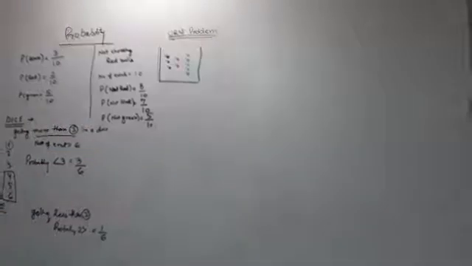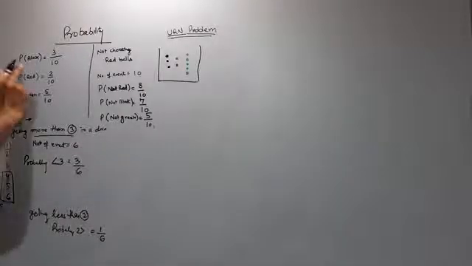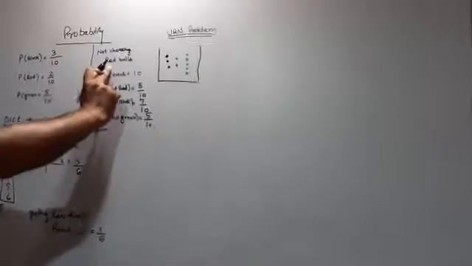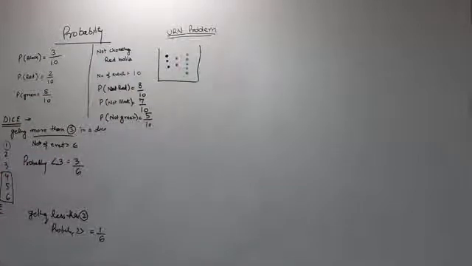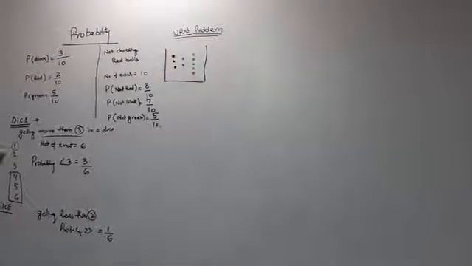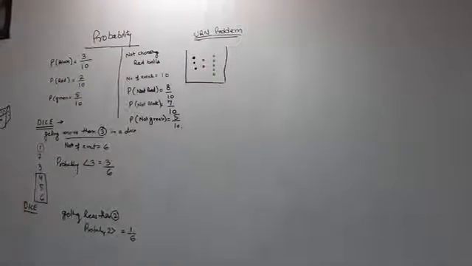So this is the way we can choose. This is the likelihood of an event, and this is not likelihood of an event. Similarly, in dice problem, you can see there are 6 outcomes: 1, 2, 3, 4, 5, 6.